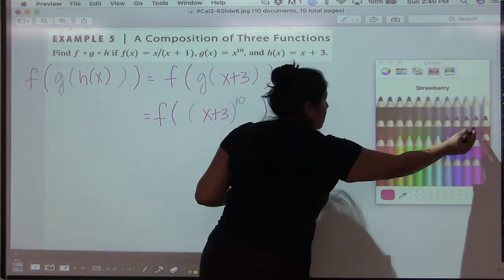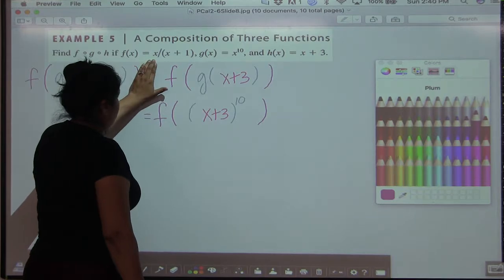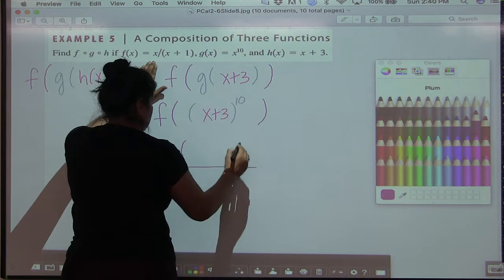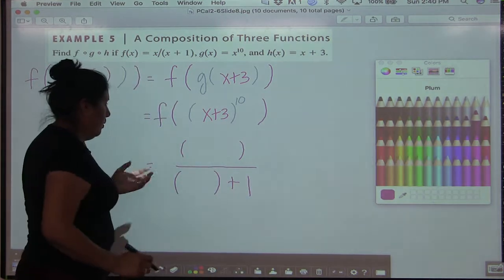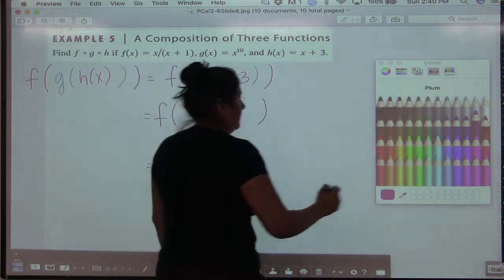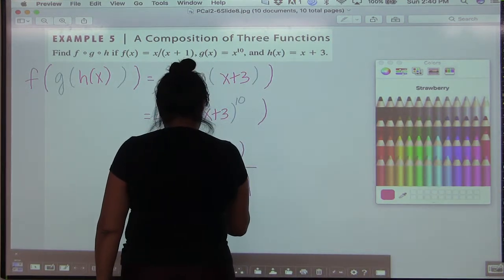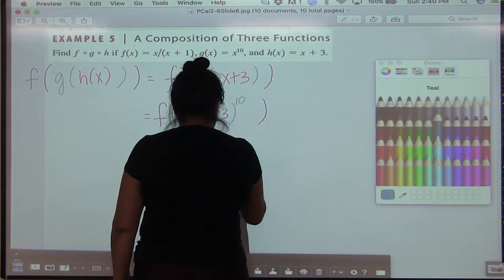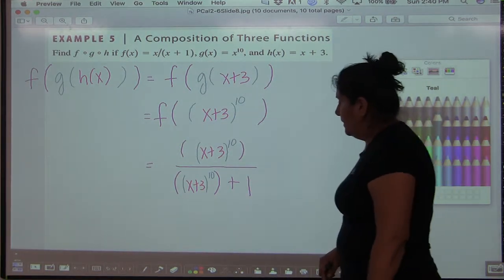And then finally, the f function is x over x plus 1. So we're going to put x over x plus 1. But what goes in these parentheses? This does, x plus 3 to the 10th power. There you go, x plus 3 to the 10th power.